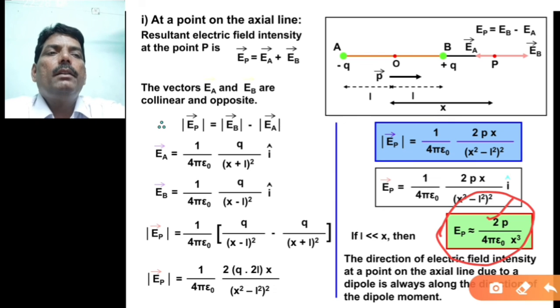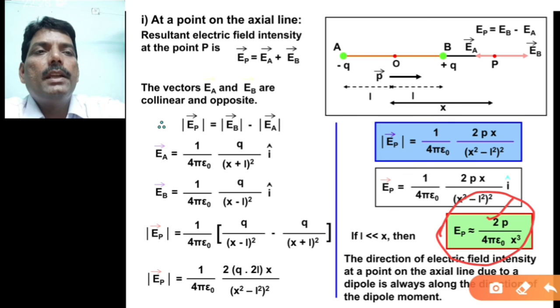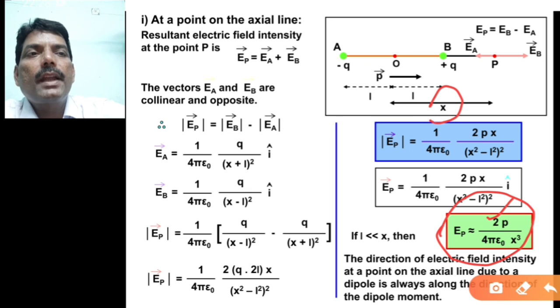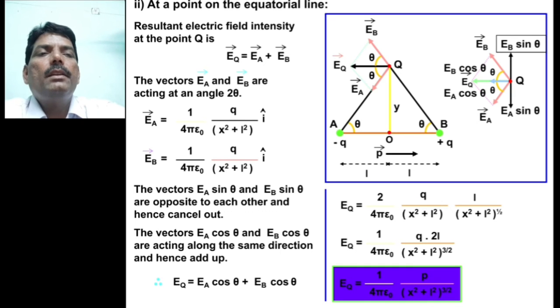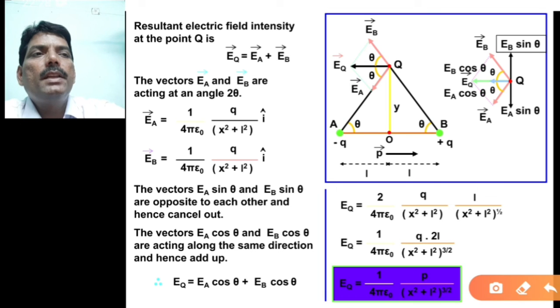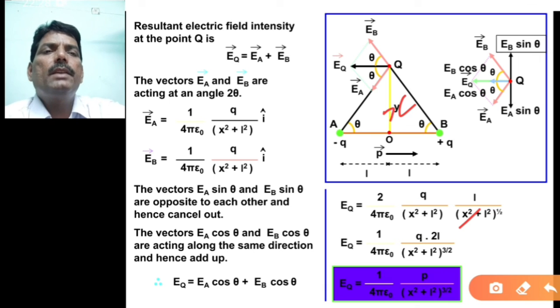Remember, we have taken the distance x here, but in case of the equatorial line, instead of x we have considered y. So better, instead of y, if you take x and then use the condition, you will get the equation in this form.